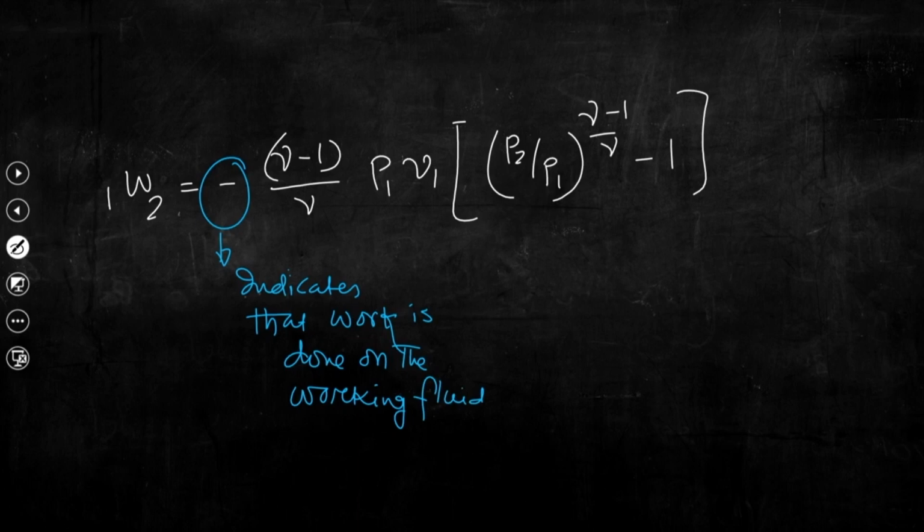So, basically this is the expression of the work done and it depends on the pressure ratio. If the pressure ratio is more, work done needed to be supplied to the compressor will be more, right. That amount of work should be consumed by the compressor from the turbine itself.